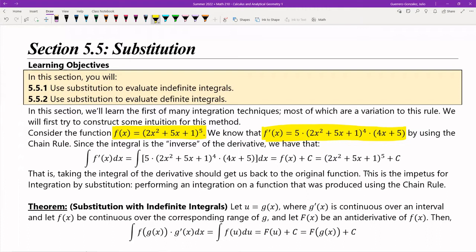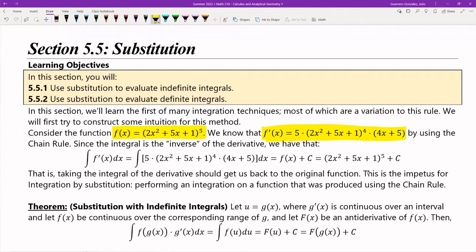Since the integral and the derivative are inverses of each other, it stands to reason that if I take the integral of this derivative, the integral and the derivative should cancel out. I should get back my original function, my f of x.